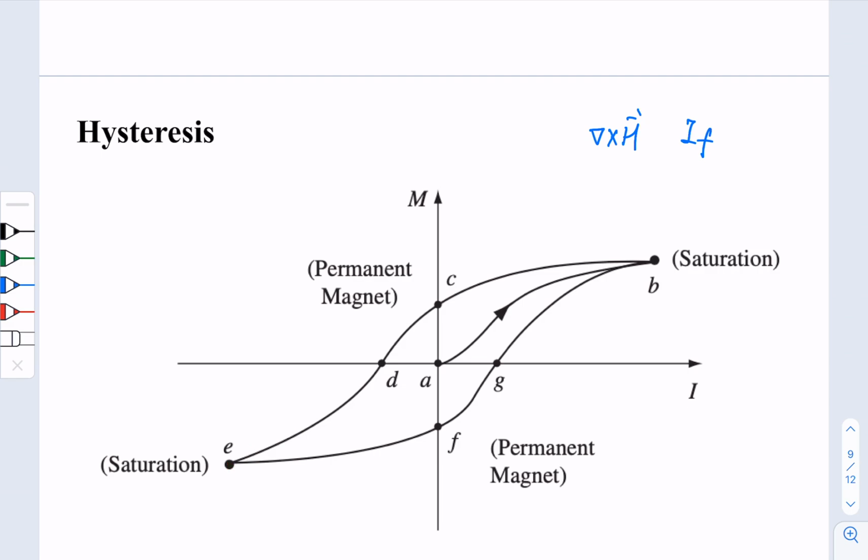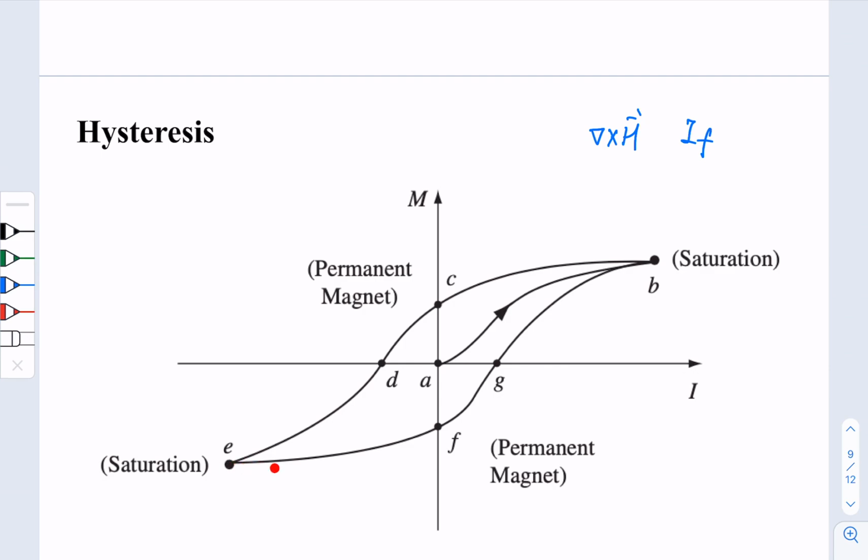And now as you change the current, you run the current backwards, right? So at that point you reach another saturation point, where all the M points along the exact opposite direction of the point over here.